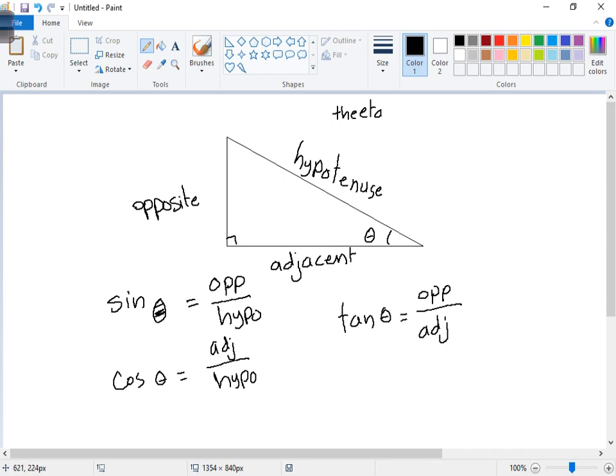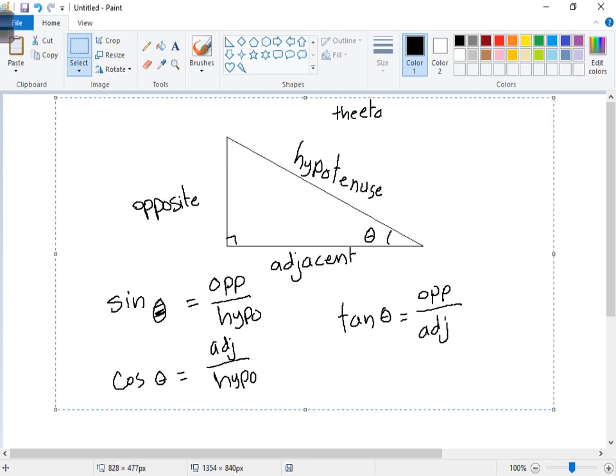From these ratios between the lengths of these sides, we can work out what theta is. Let's have a first example.